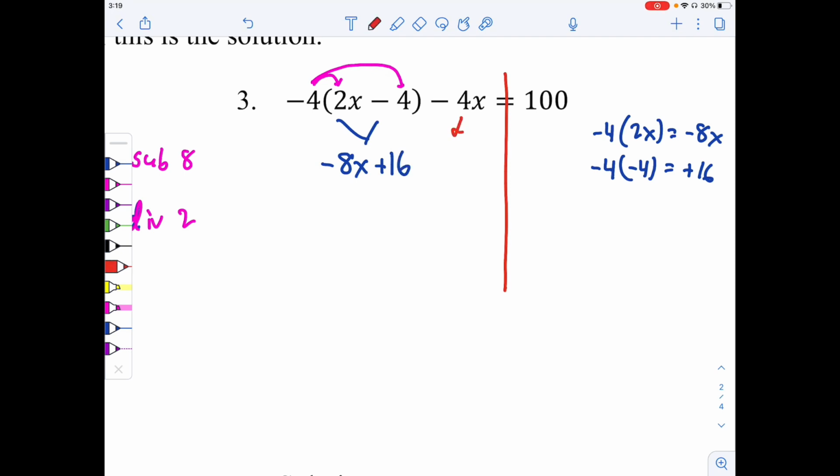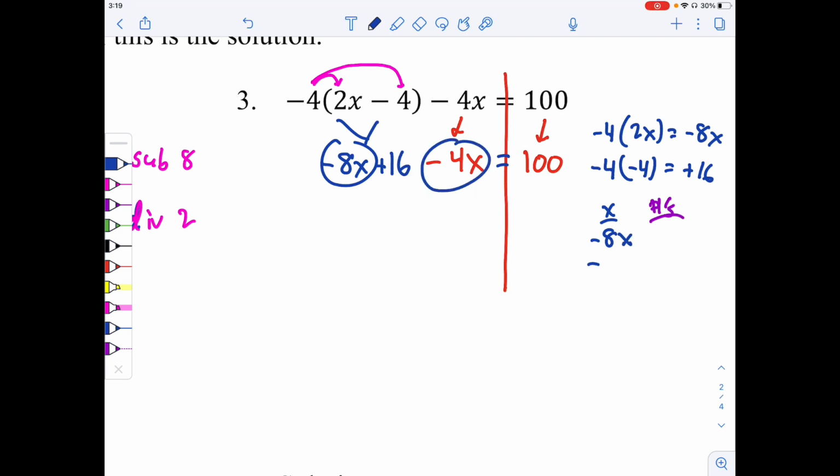And we just bring down what we have, right? A minus 4x equals, bring down this, 100. Right, so we bring it down. And now we have to combine like terms, right? So we have our two x values here. So we can do columns if you want to, numbers. So our x value, right, -8x, -4x.